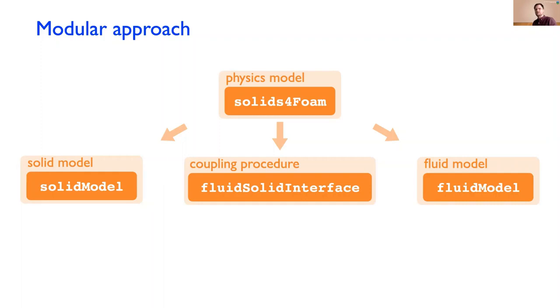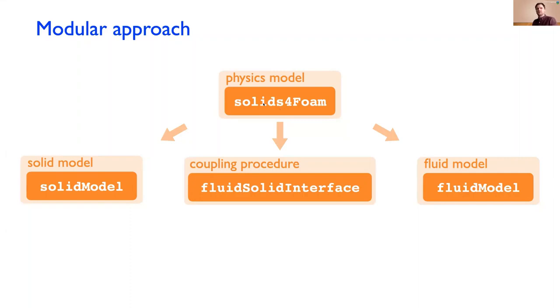Code repetition and copying is bad from a software design perspective because it allows many opportunities to introduce bugs. Also, if you fix a bug in one version of the solver, it doesn't automatically fix it in the other version. So the idea here, taken from the Extend Bazaar, the first toolbox doing this, was to have a class for the fluid solvers and a class for the solid solvers, and then you can have just one solver, in this case Solids4foam.